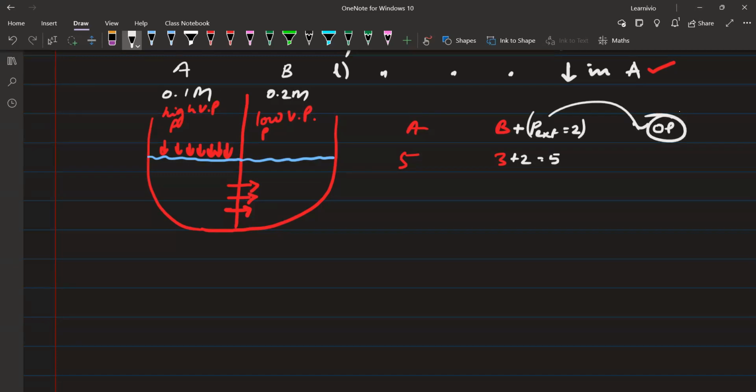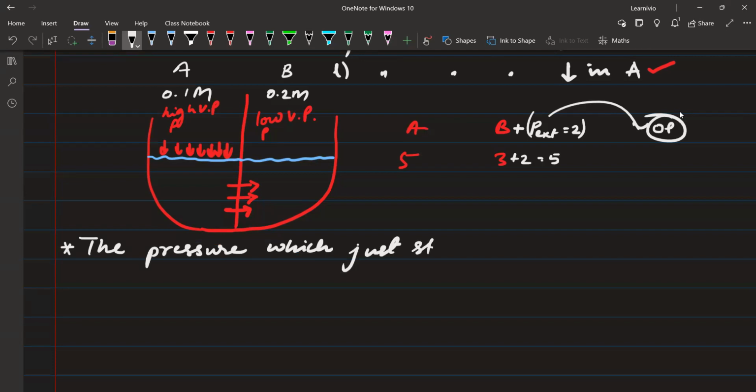So basically, I'm going to write, you will easily understand it. Okay? So please see now what I'm writing. Try to understand. The pressure which just stops the osmosis is known as osmotic pressure.